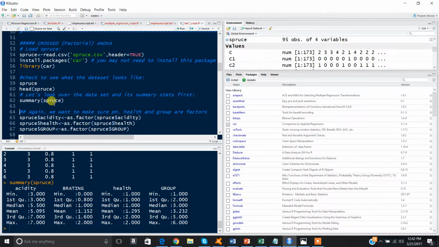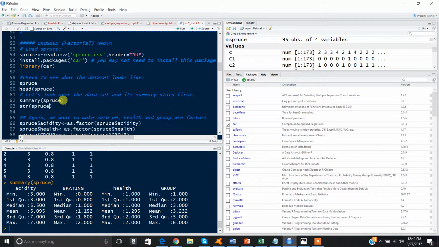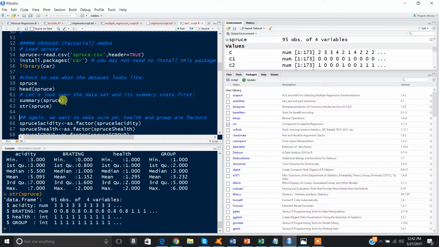So before we proceed, we have to make sure that all of our variables are being treated by R correctly. And I can see already from the summary statistics that they are not. We can test again by pulling up the structure.